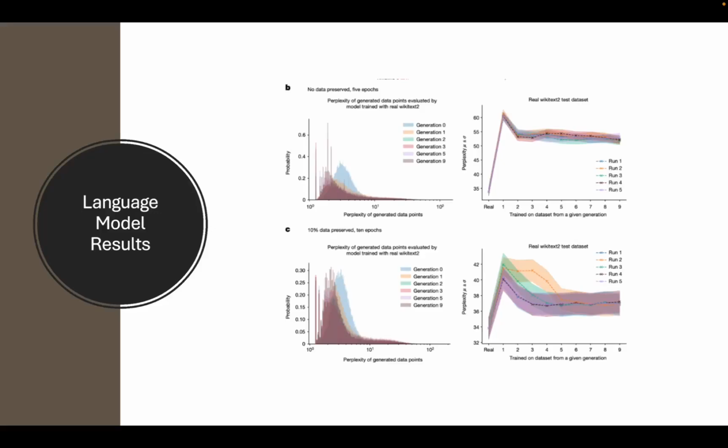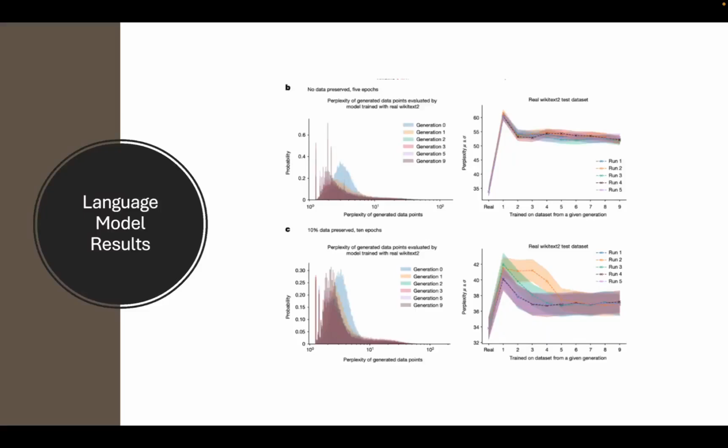Performance degraded over generations, especially when no original data was retained. These graphs demonstrate the effects of model collapse by showing how the perplexity, a measure of how well the model predicts the sample, changes across generations. Lower perplexity generally indicates better performance. And when we look at these models, the top set of graphs shows where no data was preserved over 5 epochs.